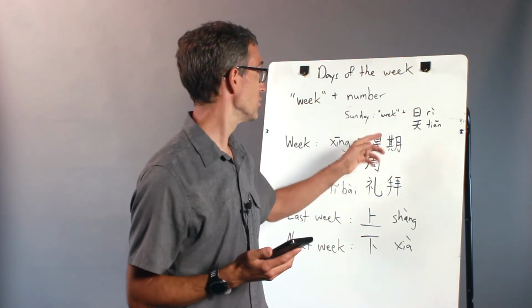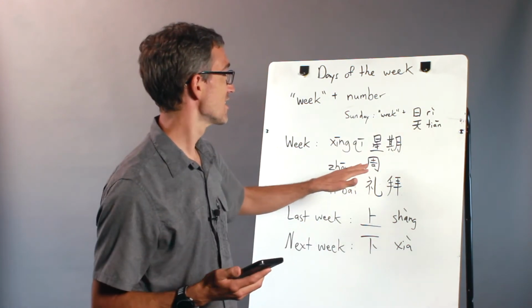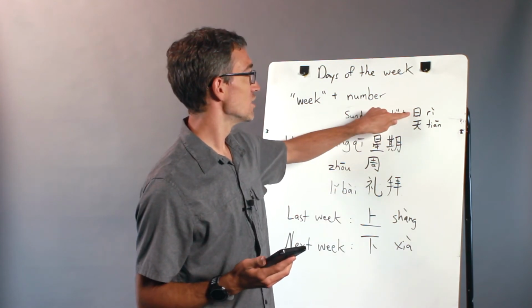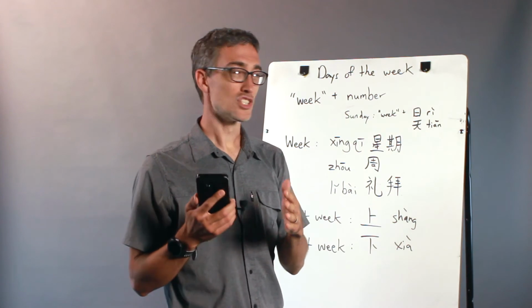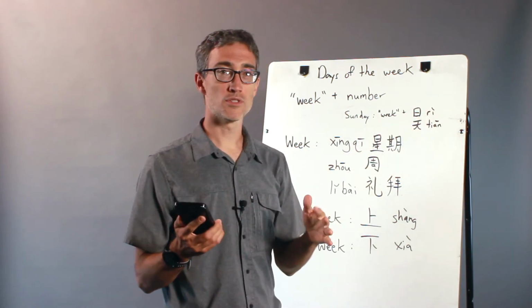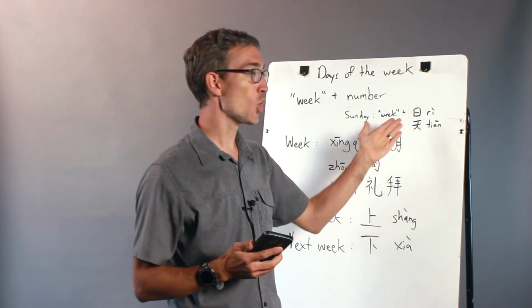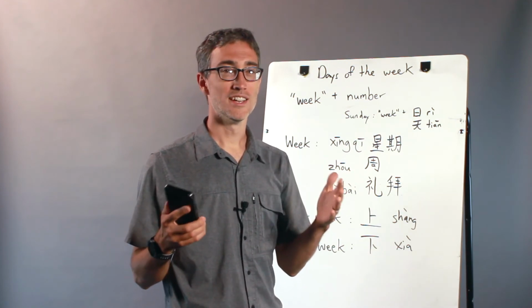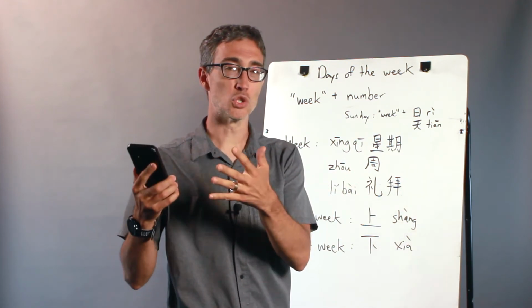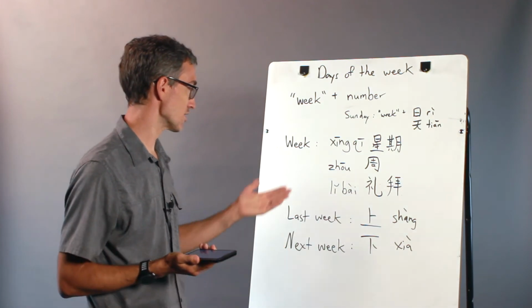And then when we get to Sunday, in this case, we can only say 周日, meaning Sunday, because 日 is formal and 周 is formal, so it matches. If I say 周天, it doesn't match because 周 is formal and 天 is informal. And so you don't say that. You just say 周日. There's only one option for Sunday when you're using 周.